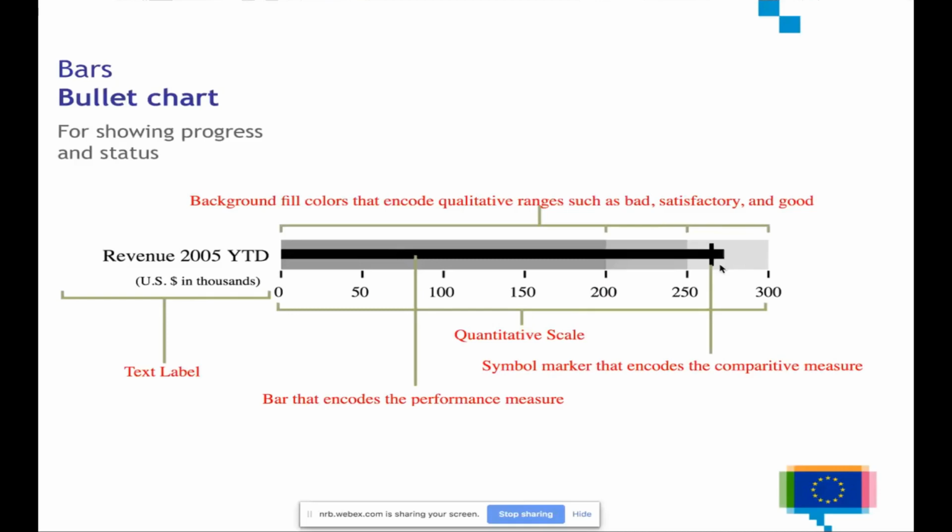And the actual value is the bar in the middle of the bullet chart, so the dark black bar. And then behind it in the background, you have some shaded areas that show you whether you are in the zones where you don't want to be, the danger zones, if you like, or the zones where you want your indicator to end up with.